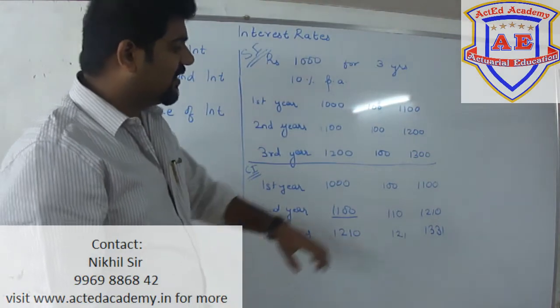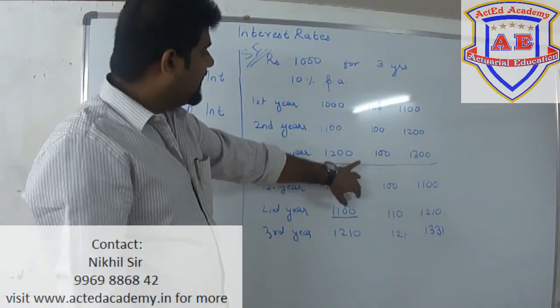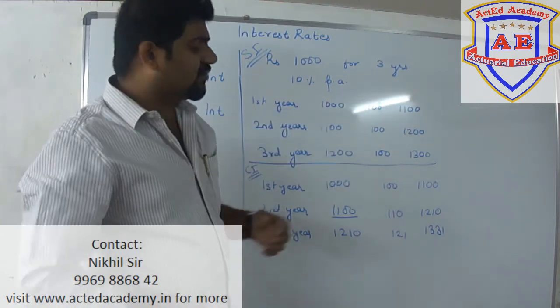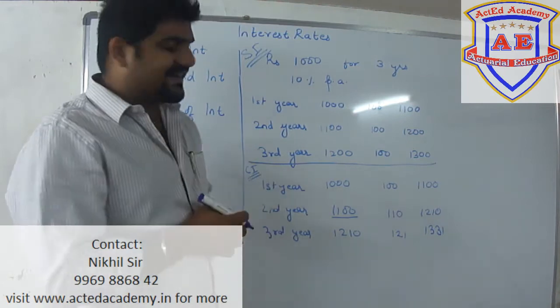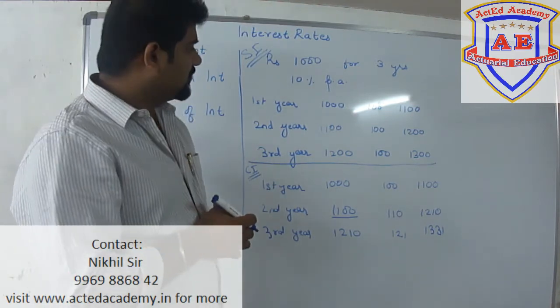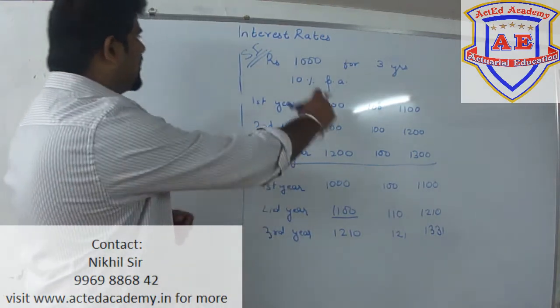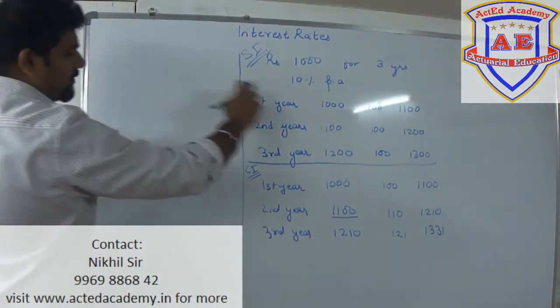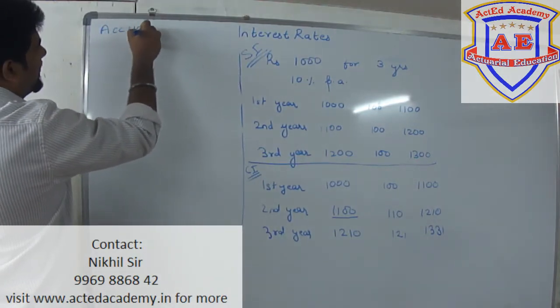That means I have earned 31 rupees extra by changing from simple interest to compound interest. I hope you are understanding the concepts of these both. Now let's try to learn about accumulated value, how to calculate that value directly without drawing the entire table.